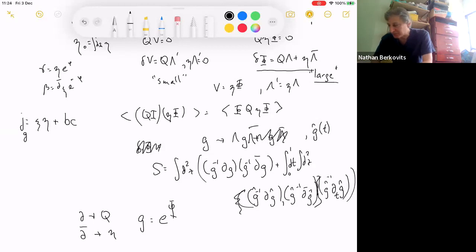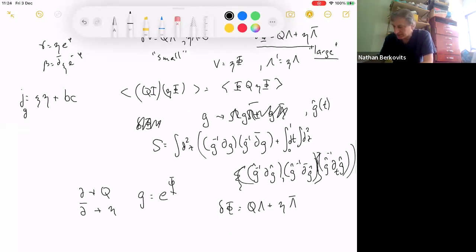But essentially all the gauge transformations work in the same way. At the linearized level, you'll find that delta phi is equal to Q lambda. I probably shouldn't have called this lambda bar; let me call it omega. So at the linearized level, the transformation of phi is just what I want, where this lambda is the analog of something holomorphic because it's annihilated by Q, and this omega is the analog of anti-holomorphic, because it's annihilated by eta.